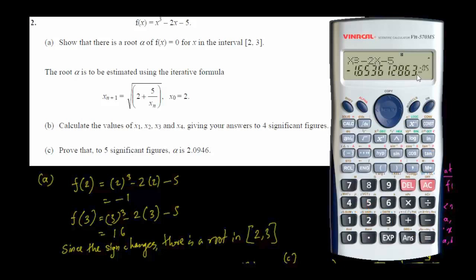If you notice here, this is times 10 to the power minus 5, so it's actually minus 1.65. It doesn't have to be accurate because this value means nothing. We are just interested whether it is negative or positive. But the power of 10 in standard form is important: minus 1.65 times 10 to the power minus 5.